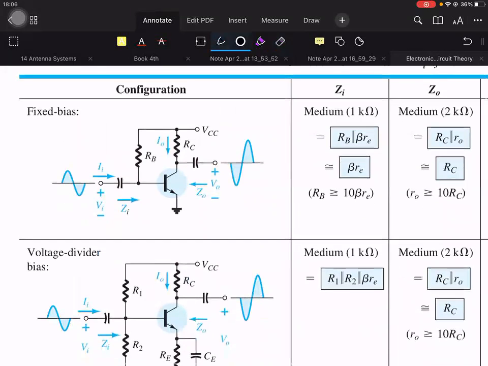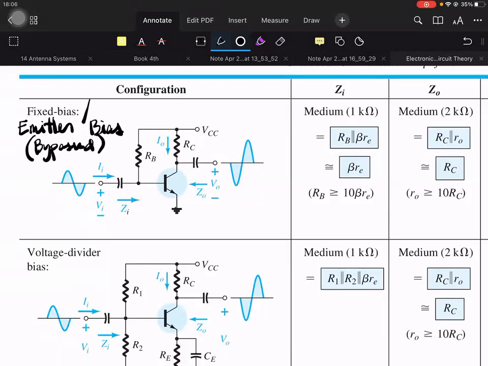So in AC analysis, the fixed bias and emitter bias would belong in this category. So this is for the fixed bias and the emitter bias. Under the emitter bias, the emitter bias configuration that we've learned so far is bypassed with a capacitor.